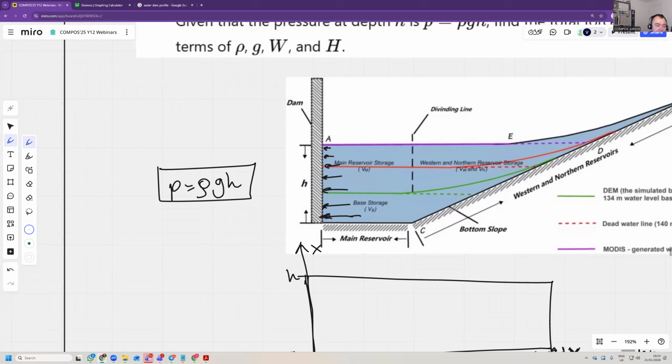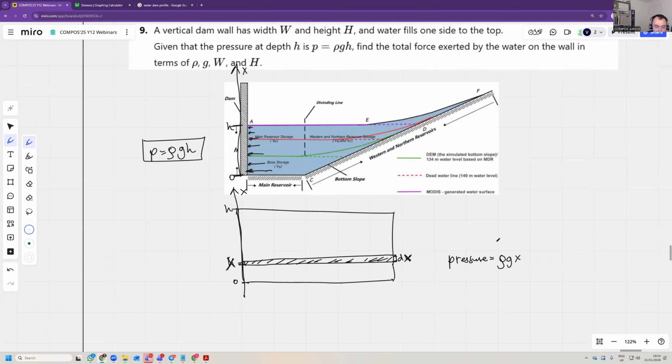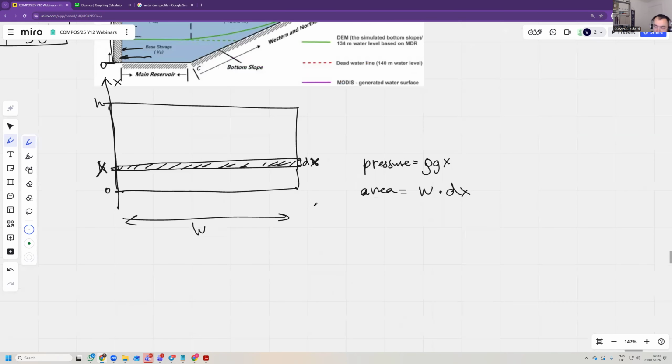So we have our x-axis going from 0 to h, and h is the depth of the water. The area is going to be the width W of the dam multiplied by dx, because that's the height of that rectangle. So we're looking at a small rectangle of the wall, and we're interested in the force. And force is pressure times area.